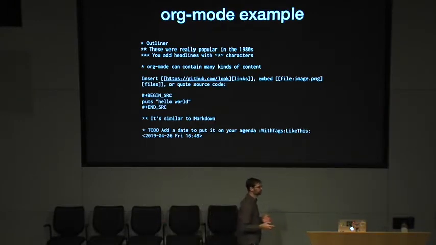You can say it's a to-do item or a done item or canceled. And you can make up your own statuses too, of course, because it's Emacs. With all this together, I can basically do 90% of what I was doing with Evernote just in one org mode file, and that's kind of what I'm doing. But it has a lot of other features too, which I'm not going to talk about too much.